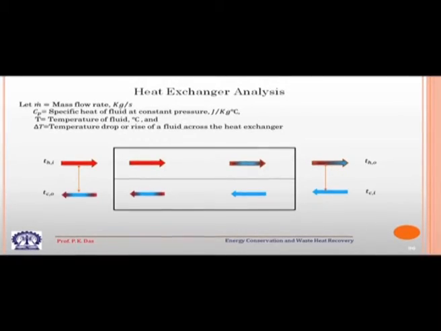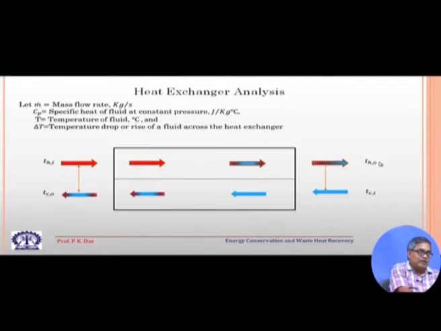T is the temperature of the fluid in degree Celsius, and delta T is the temperature drop or rise of a fluid across the heat exchanger. That means the hot fluid is entering at T_HI and going out at T_HO; T_HI minus T_HO is delta T_H, the temperature drop for the hot fluid. Similarly, T_CO minus T_CI is delta T_C, the temperature rise for the cold stream.